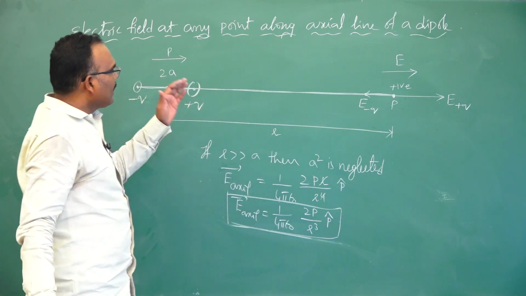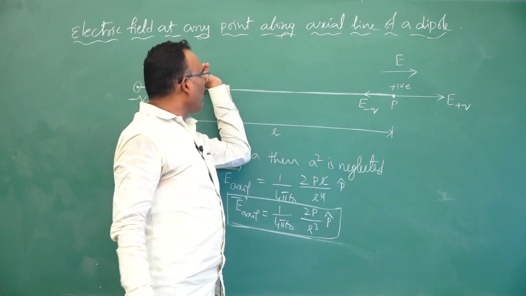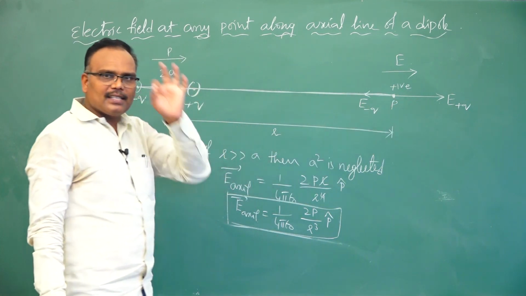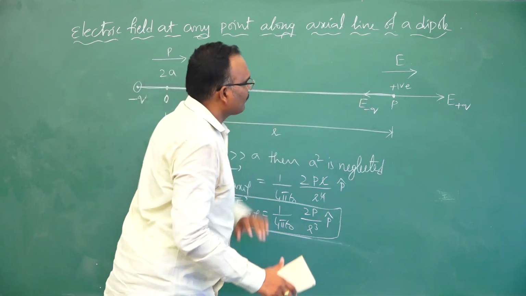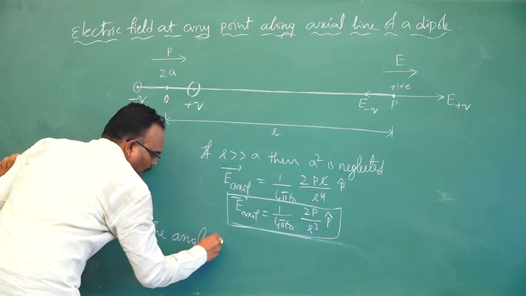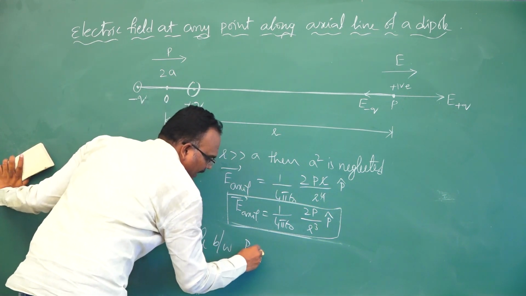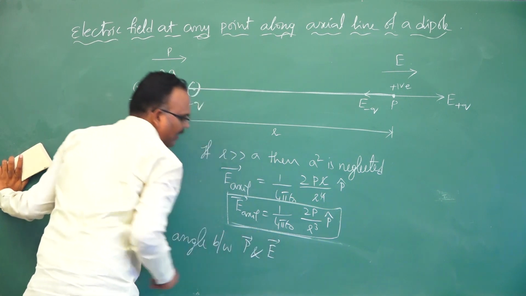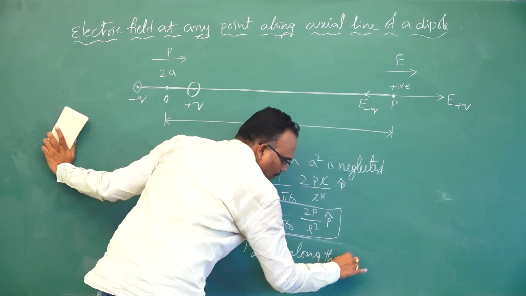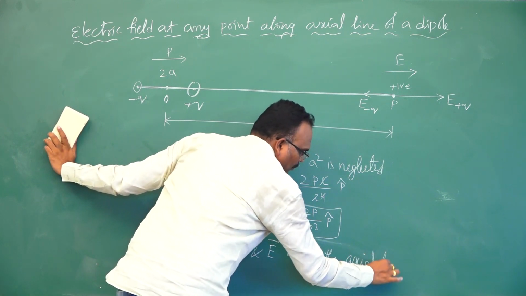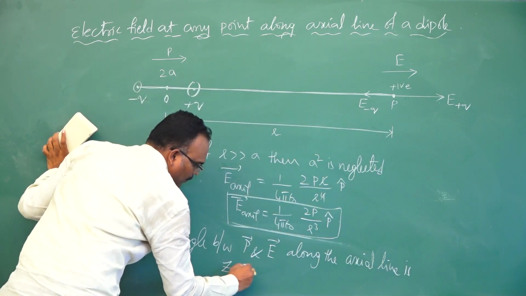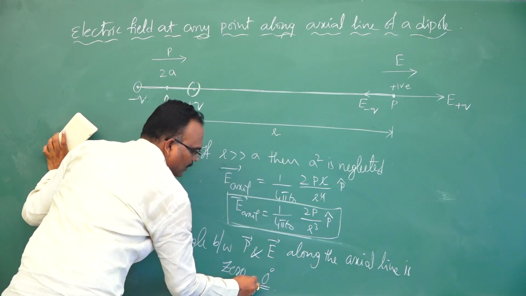So here the angle between dipole moment and electric field at any point along the axial line is 0 because they are parallel. So the angle between dipole moment and electric field along the axial line is 0 degree. This is important.